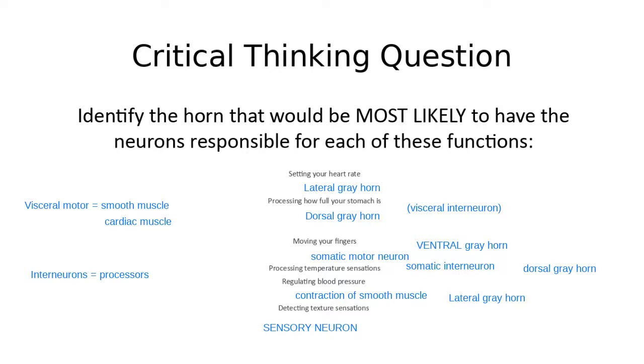Yep. So full disclosure, Dr. Ellis specifically and purposely went tricky on you here. Sensory neurons live in the dorsal root ganglion. They do not live inside the spinal cord. They're not inside the dorsal horn, the lateral horn, the ventral horn. They live outside the spinal cord in the dorsal root ganglion.